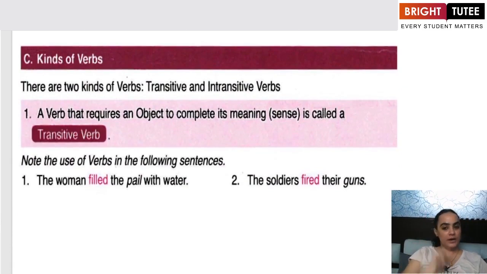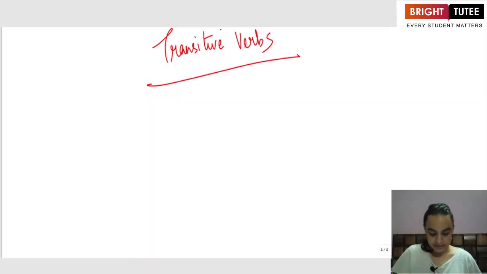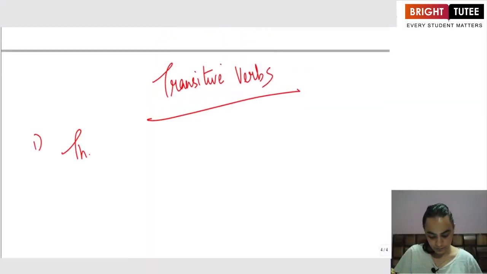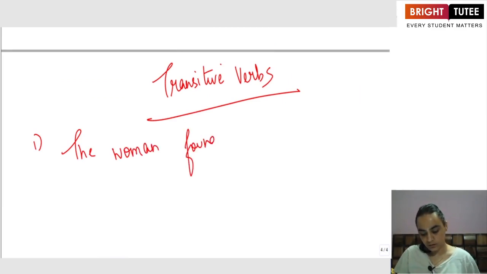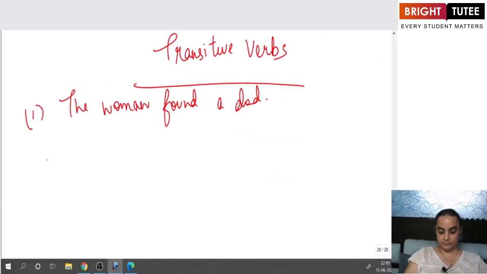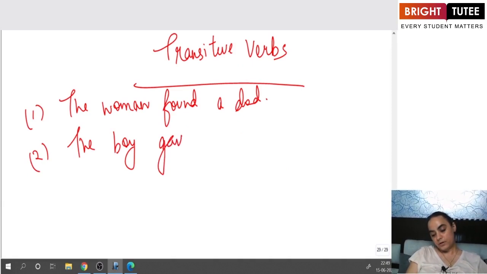There are two kinds of verbs, transitive and intransitive. Let us first talk about the transitive verb. Let us take the first example. The woman found a dog. The boy gave a shout.